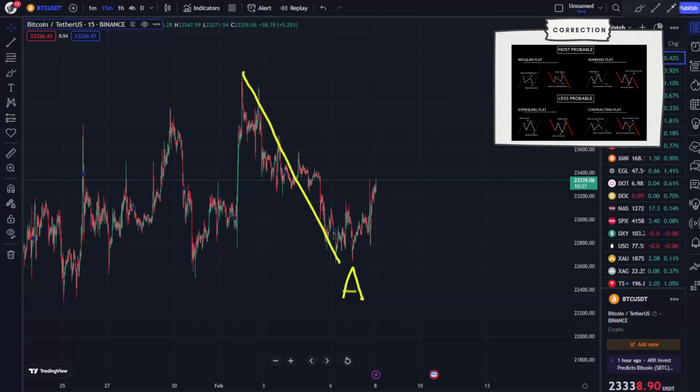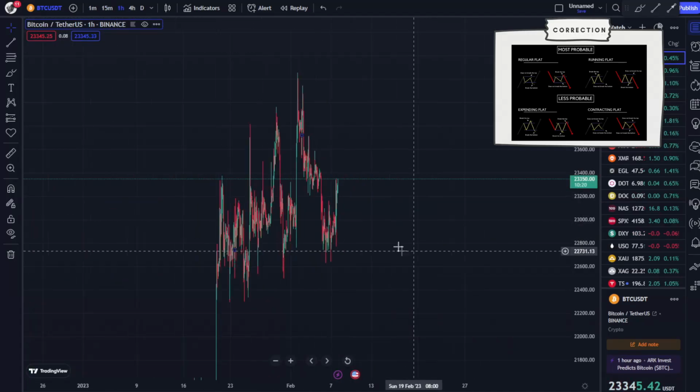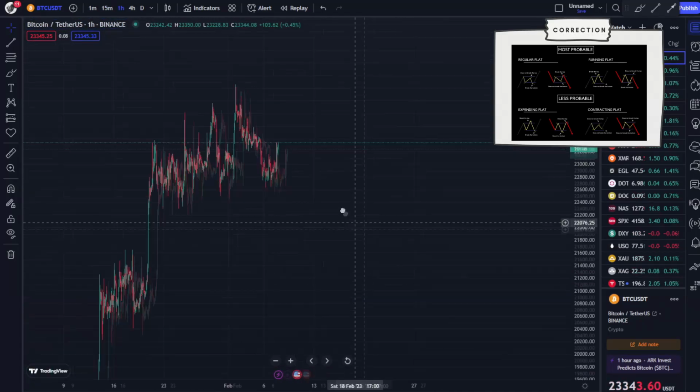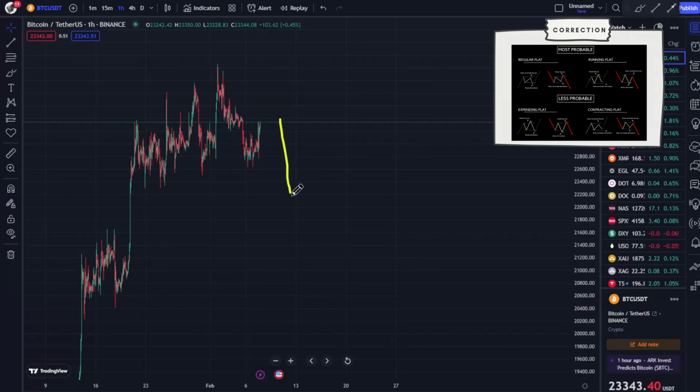So let me break this down completely before I get into it, because I know people are struggling sometimes with this. If you get a move that goes down and makes a small correction, this correction has a lot of chance to be a correction for that impulse, and it means that it's going down. So a correction that just extends the impulse and makes the impulse bigger.